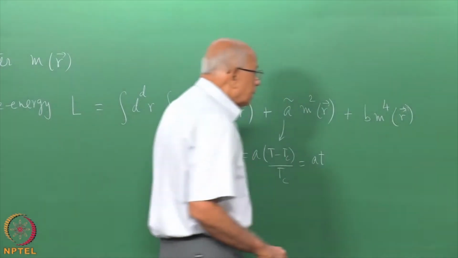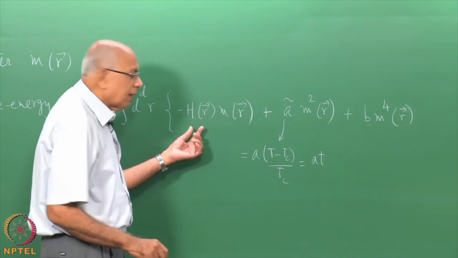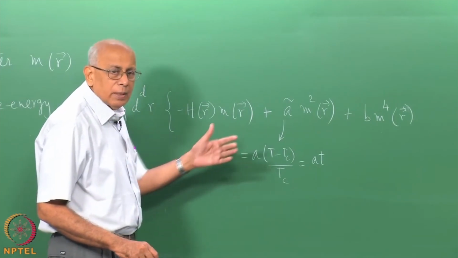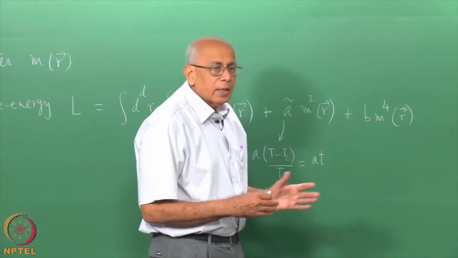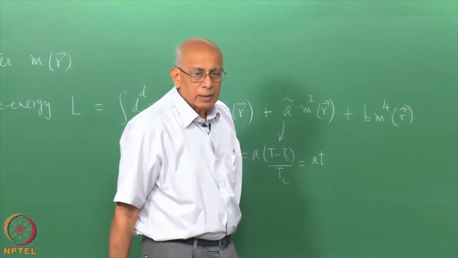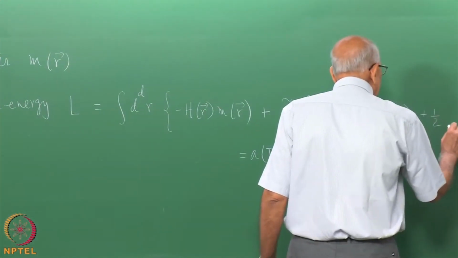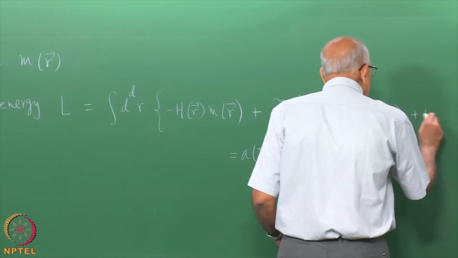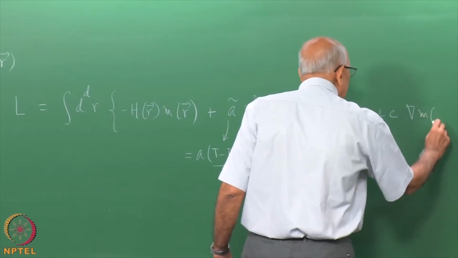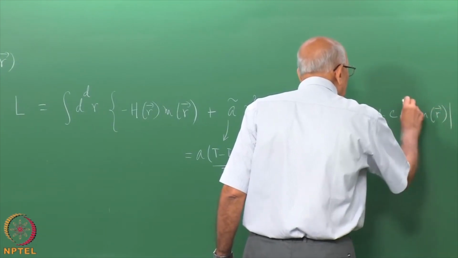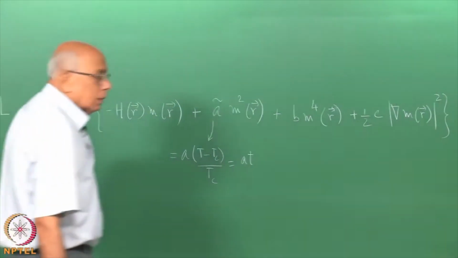and then to include inhomogeneities caused not just by the fact that you have an H of R, but in general you have a term which gives you the gradient energy when you have inhomogeneities in the magnetization, and this was of the form 1/2, that half is just for convenience, some coefficient times the gradient of m of R mod squared. Okay.